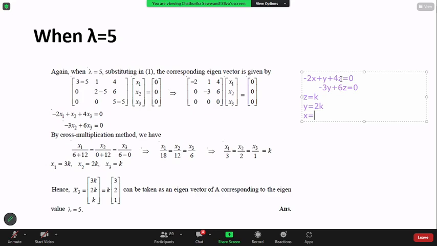If Z is equal K, Y is equal to 2K, then what is X? Three K. 3K. Now we know all three, X, Y, and Z.